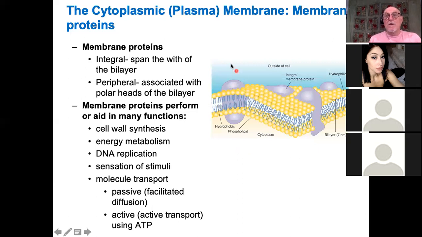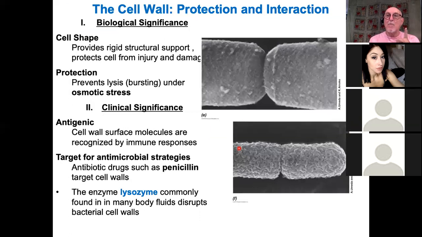So the water passing into the interior of the cell causes an osmotic pressure. And the cell has to do something about that. The cell has to find some way in which to deal with the swelling. And the principal way that prokaryotes do it is by building this cell wall.